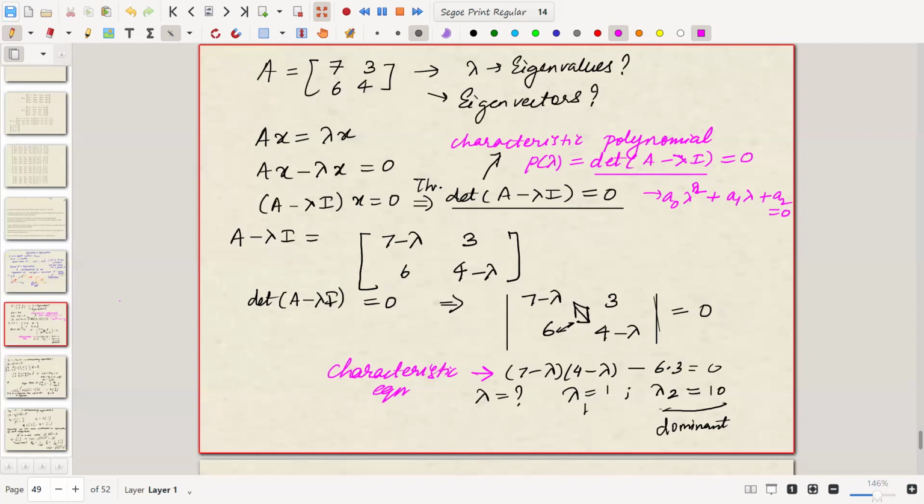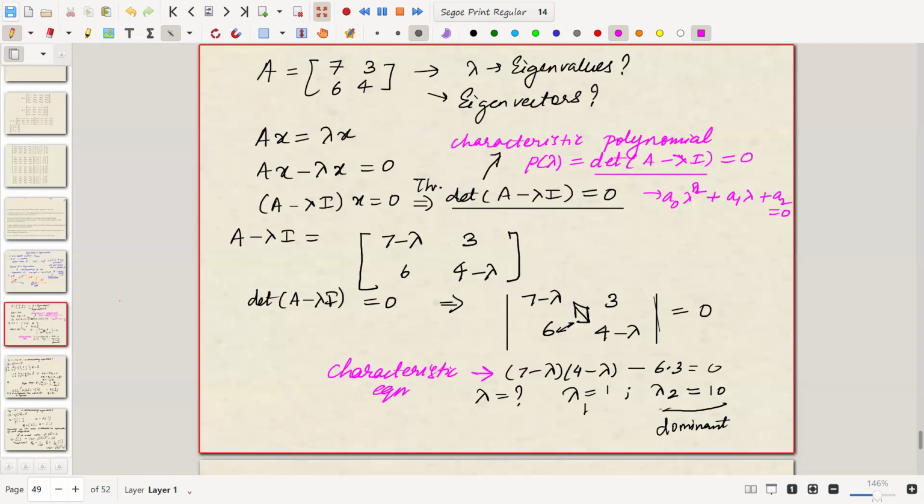Now can you understand the question I am landing at? For a 2 by 2 matrix, you can compute the eigenvalues, but if your matrix size gets larger, computing eigenvalues numerically tends to be very hard. Therefore, numerical methods need to be devised which can compute the eigenvalues, and we will learn two methods. I told you the dominant eigenvalue is 10 here.